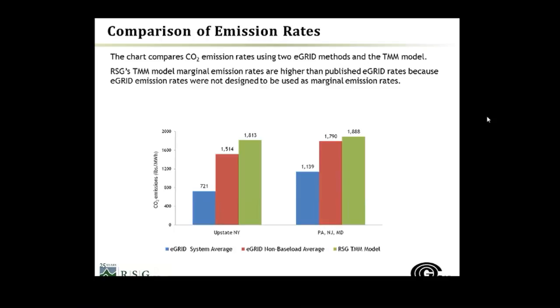This is not surprising. I should just point out that the eGrid system average number is not designed or intended to be used for marginal purposes. So this is not a comparison which implies any judgment, but rather shows the difference, because I know that there are still a number of people who are using eGrid system average rather than marginal emissions analysis. Next slide, please.